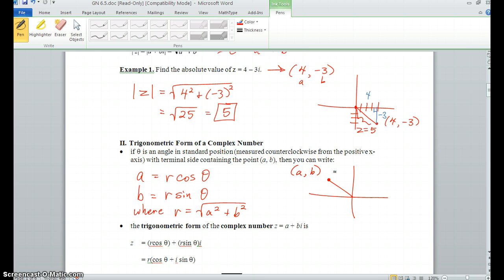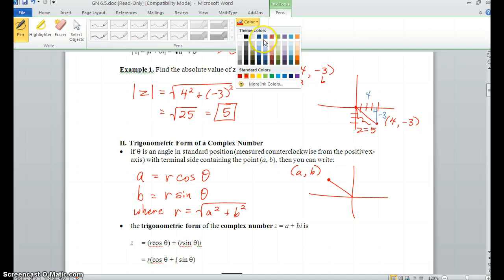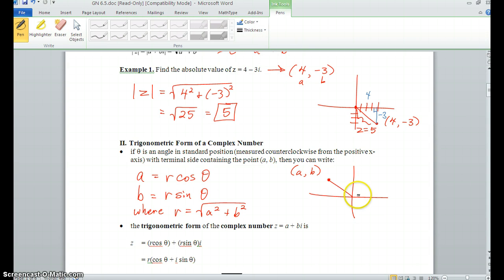We don't know exactly what a and b are, but we do know that they are in the second quadrant. And if we're going to involve theta here, we can say that theta is a second quadrant angle. In other words, theta is in between pi over 2 and, of course, pi.